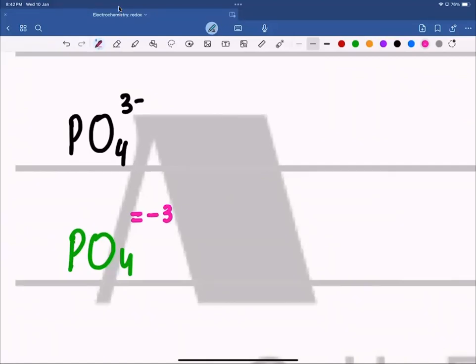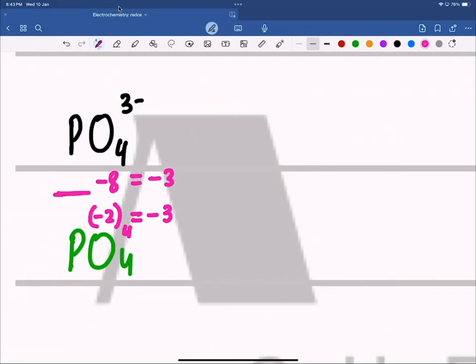The most electronegative one is oxygen, which belongs to group 6, so its oxidation number is going to be -2. There are 4 oxygens, which makes the total charge of oxygen -8, and the net charge of the whole ion is -3.